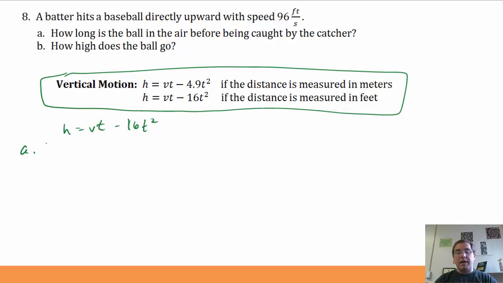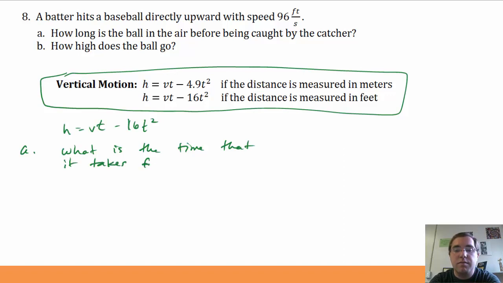So what we're essentially asking in part A is, what is the time that it takes for the ball to be at height 0.